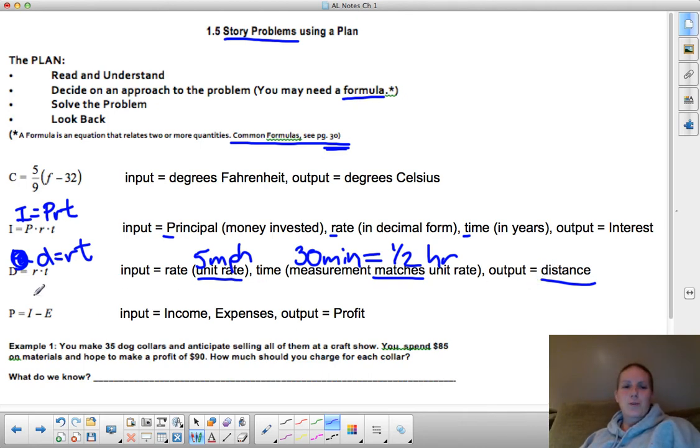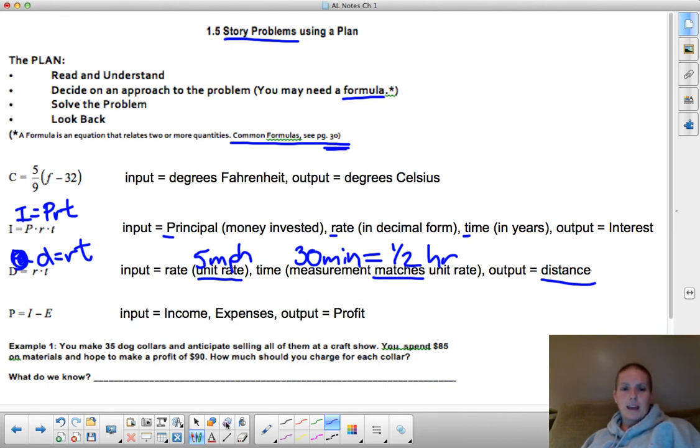All right, let's go to this fourth one over here. This fourth one is kind of funny looking, this P. Looks kind of like pi. It's one that's inherent in things that you already know, but it's not one we really see expressed as a formula so much as something we're supposed to just understand about the world. This formula is talking about input values that are called income and expenses, and my output value is profit.